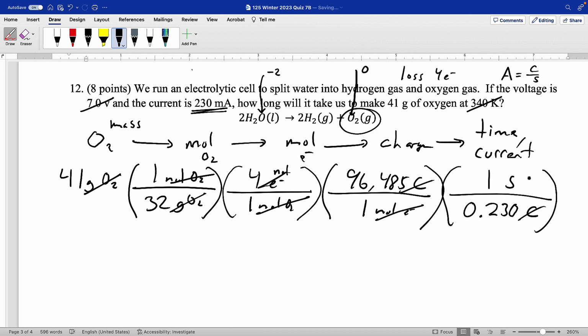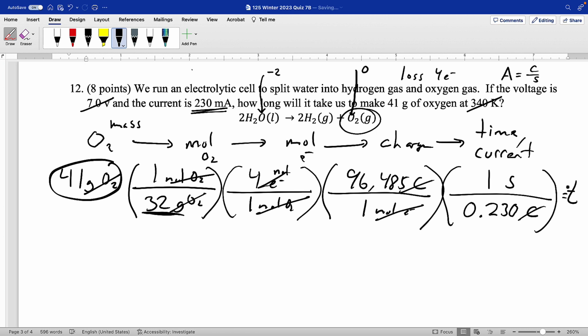And so now let's do one more thing before we go on and say if this makes sense for the time. This says the more oxygen that we want to generate, the longer it's going to take. Okay, that makes sense. This says that the higher the molar mass of oxygen, the less time it would take.